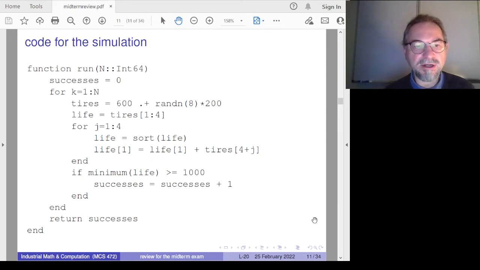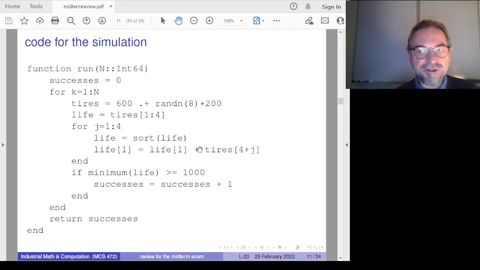And then we check the minimum of the lifespan. What happens is that the lifespan of the smallest tire gets added to, as if we take the shortest lifespan and add the lifespan of the spare tire to this.